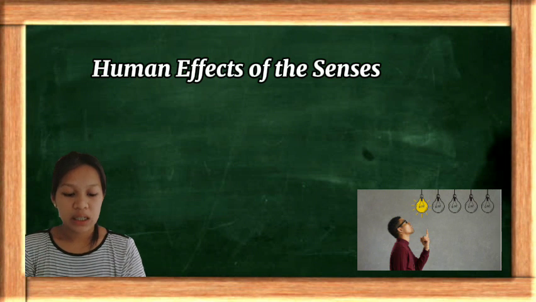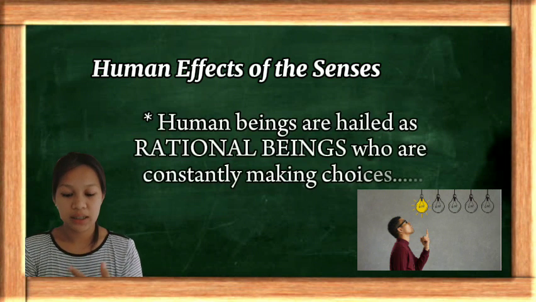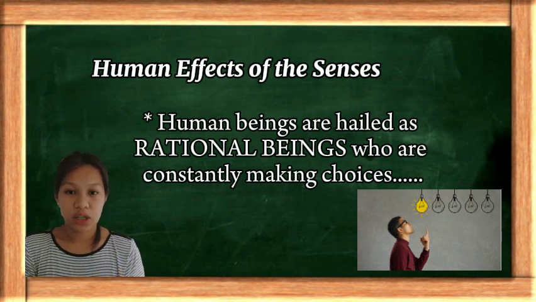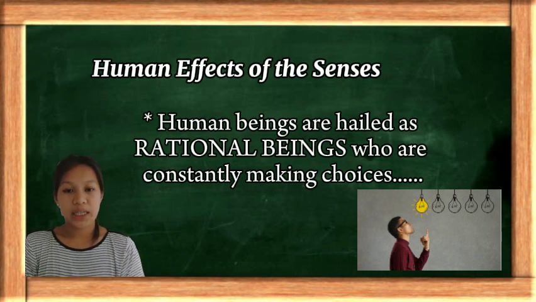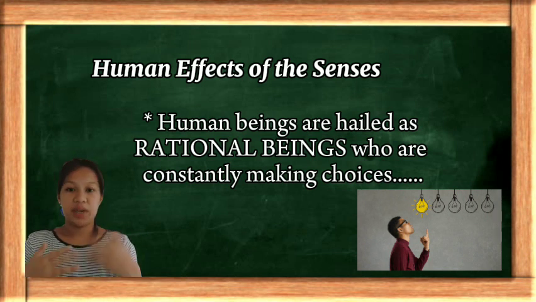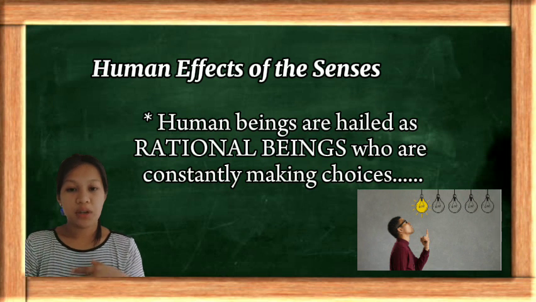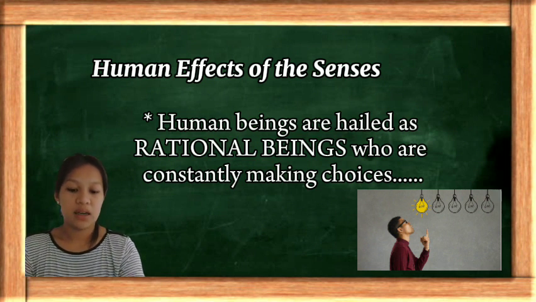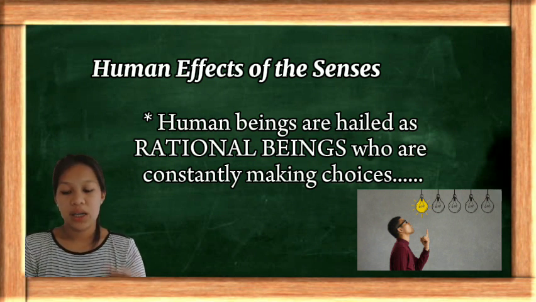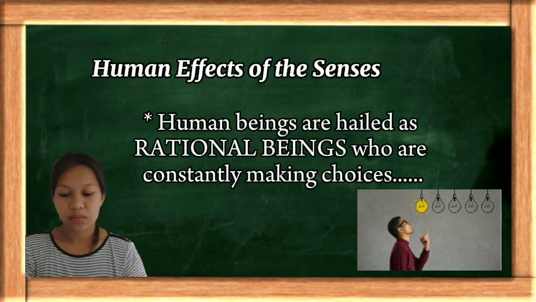Interestingly, while human beings are hailed as rational beings who are constantly making choices and behaving through a set of rational choices made from higher order thinking such as evaluating, judging, and many more, it is hypothesized that our affect, such as emotions and feelings, actually plays a major role in our behaviors.